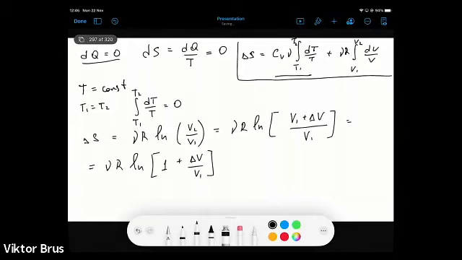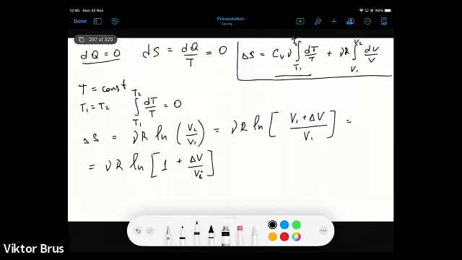So we can calculate it via change of volume divided by initial volume of the ideal gas during isothermal process.